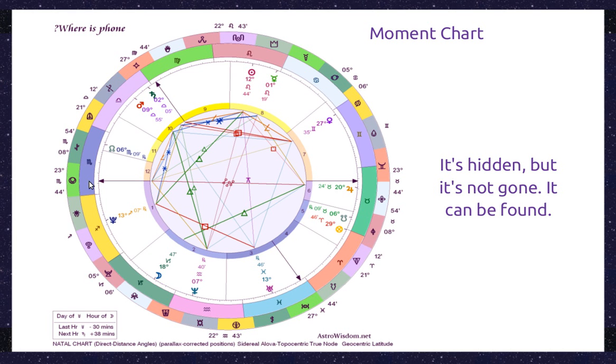There are a couple of other indications that the phone could be found. One is that the ruler of the ascendant, this is ruled by Mercury. Mercury is actually in a harmonious aspect. It's in trine to the ascendant. And so this is a very favorable indication, because when the ruler is in trine to the ascendant, which governs the question, it's a favorable indication.